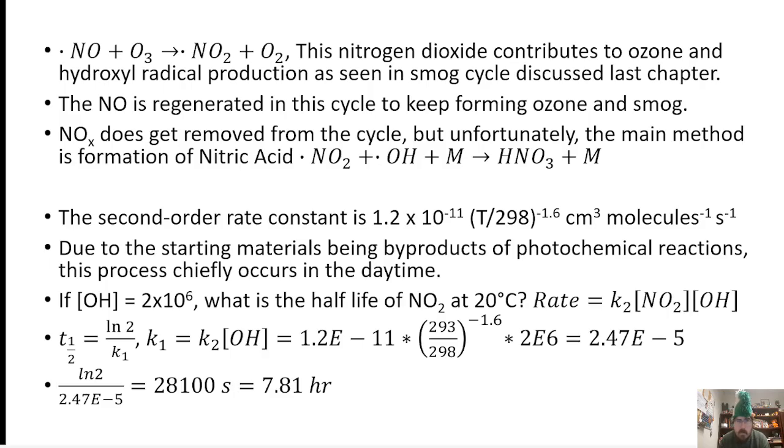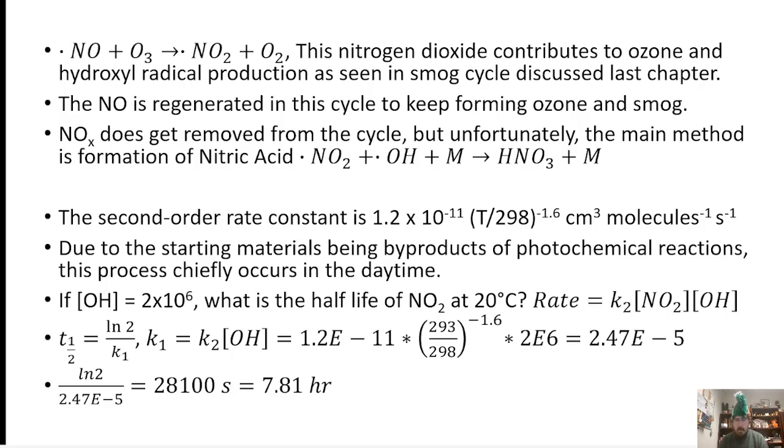So this, we will see a second order rate constant of 2 times 10 to the negative 11th times the temperature divided by 298 raised to the power of 1.6. So meaning the hotter it is, it's temperature dependent. Let's see. Hotter it is, what would that do?